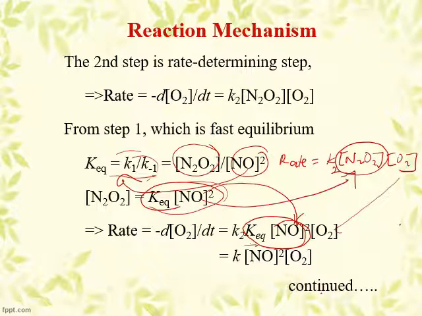Now we write the whole rate constant as a new constant, k. So we get k NO squared multiplied with the oxygen concentration, which is in agreement with the postulated rate law.